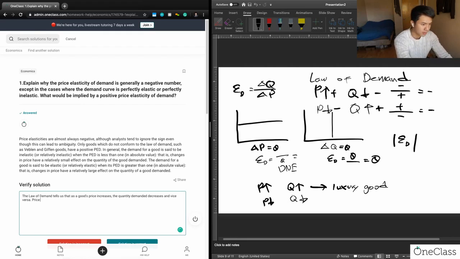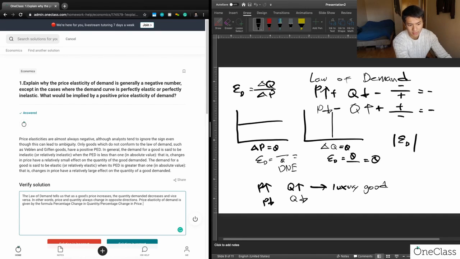So we can say, in other words, price and quantity always change in opposite directions. Price elasticity of demand is given by the formula percentage change in quantity divided by percentage change in price.